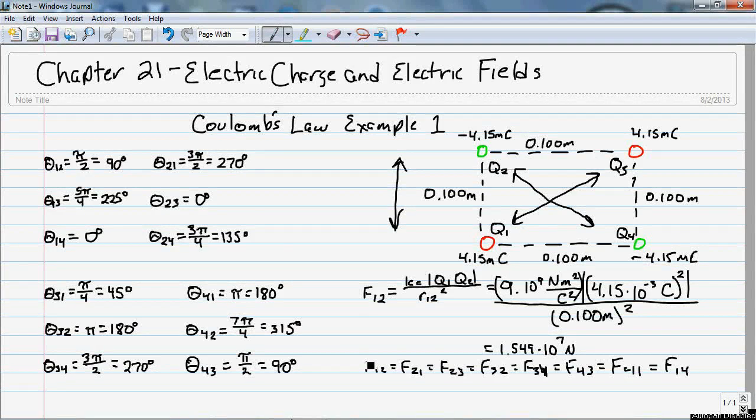Now for our force along the diagonals, we have force 1,3 is equal to k times the absolute value of q1 times q3 divided by r13 squared.